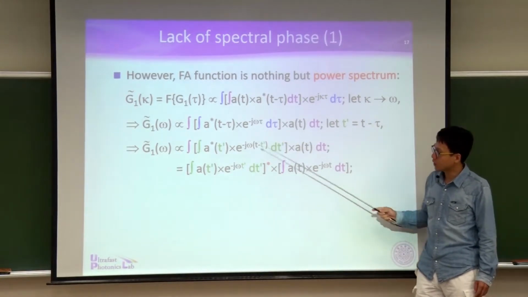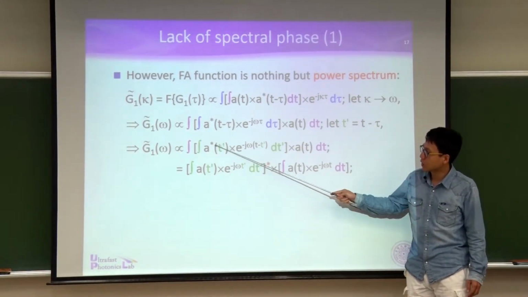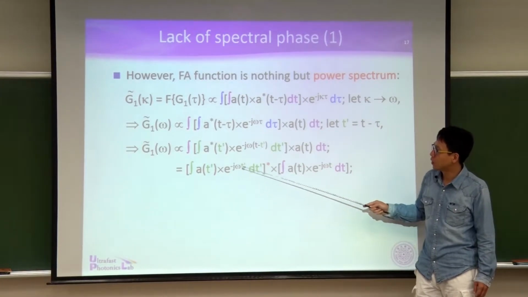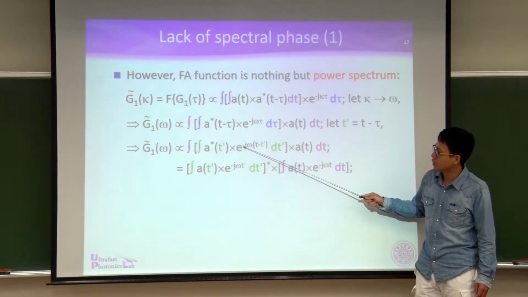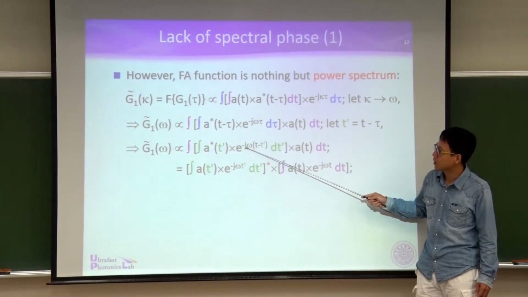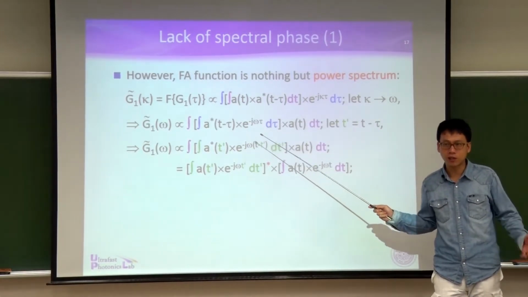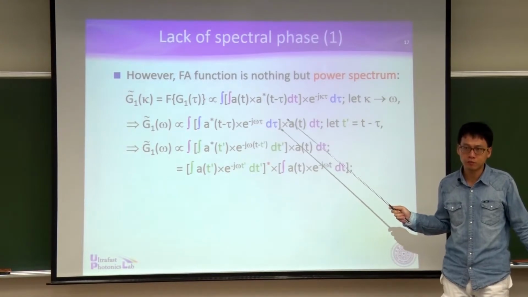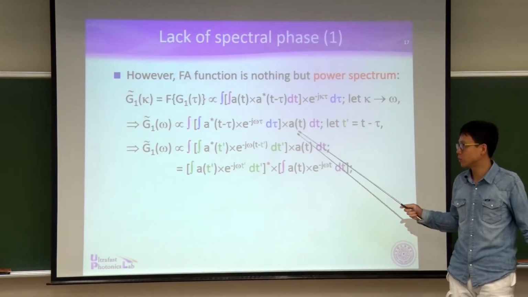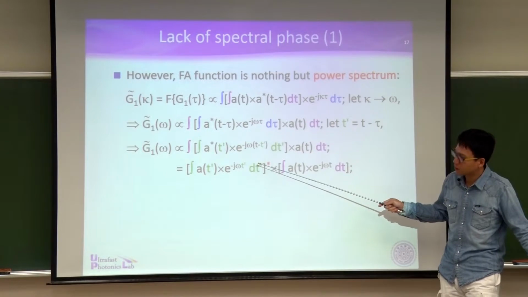But interestingly, you see complex conjugate here, and for variable t prime, you have actually e to the positive j omega t prime, which is different from the standard kernel function of Fourier transform. Standard kernel, you need a minus sign, but it doesn't matter.